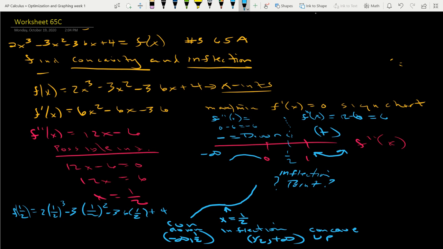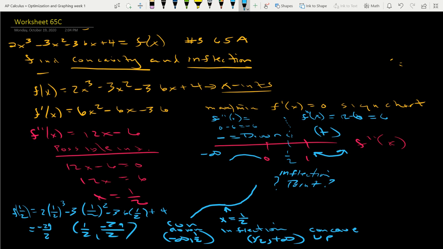So when we plug all that in, we get negative 29 over 2. So therefore, my inflection point is at x equals 1/2, and my y value, my output, is negative 29 over 2.